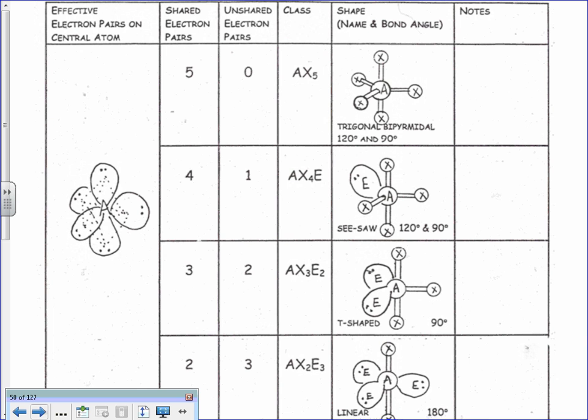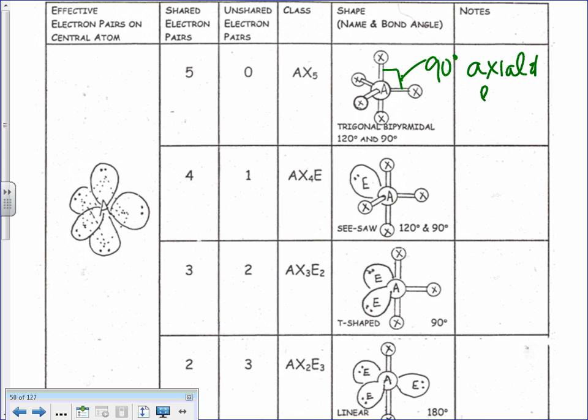This guy is trigonal bipyramidal. So trigonal in the middle, bipyramidal top and bottom. You see the trigonal bipyramidal? Okay. So that's what this one is, and you can see the angle between axial and equatorial is 90 degrees.